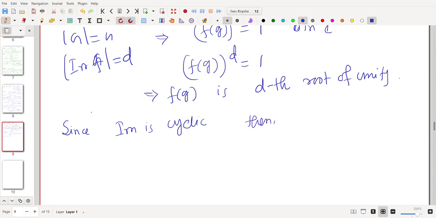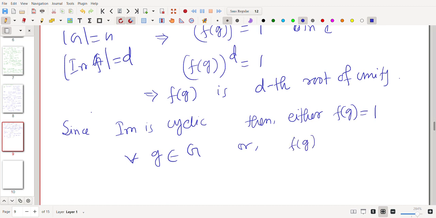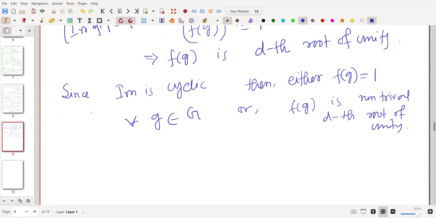then either f(g) equals 1 for all g in G, or f(g) is a non-trivial dth root of unity, right, for some g.